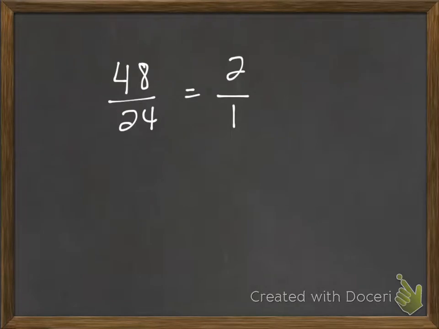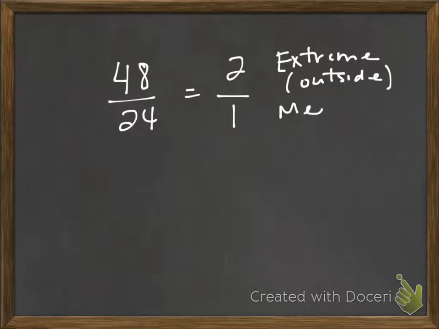As an extension to proportions, I want to go ahead and introduce you to an extreme and a mean. Your extreme numbers are going to be those numbers that are on the outside. And the mean numbers are on the inside. Okay?